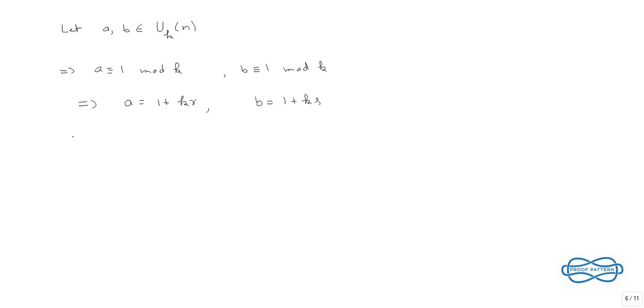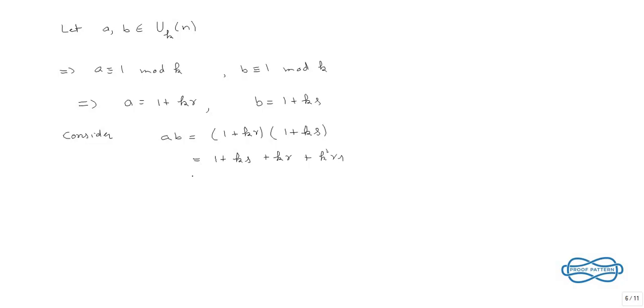Alright. Now consider ab, and it will be (1 plus kr) times (1 plus ks), and that will be equal to 1 plus ks plus kr plus k squared rs.